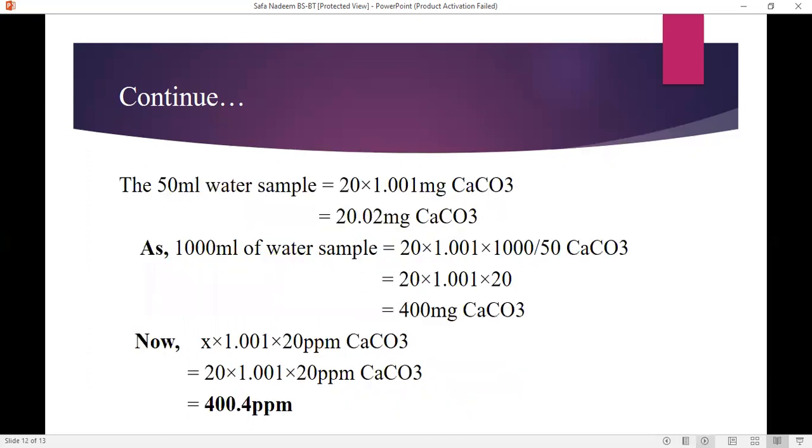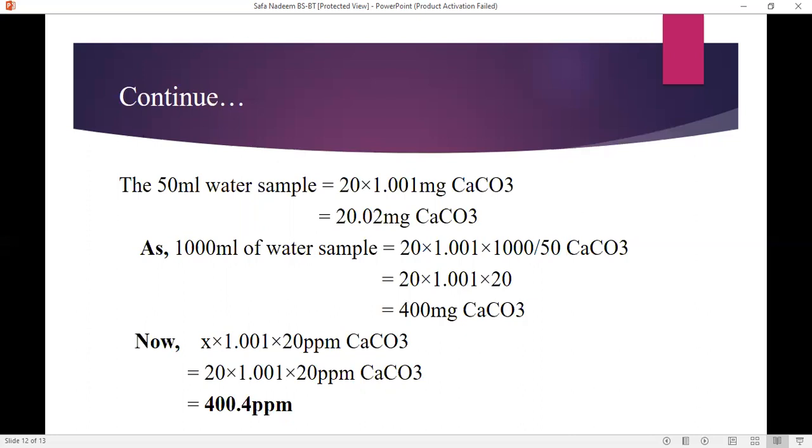The 50 ml water sample is equal to 20 multiplied by 1.001 milligram of calcium carbonate. In the previous one, we used grams; now we are using milligrams. And we get 20.02 milligram of calcium carbonate.